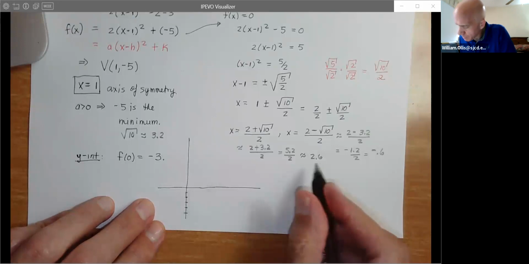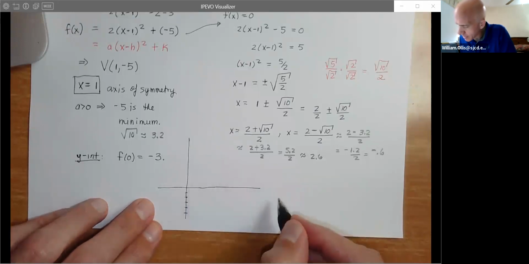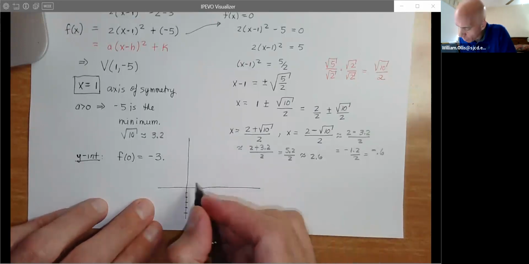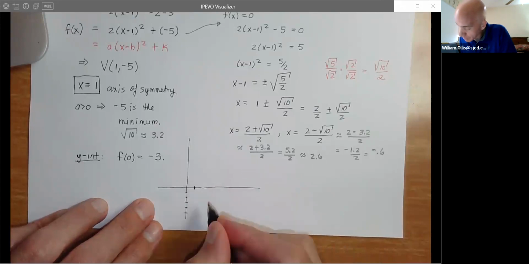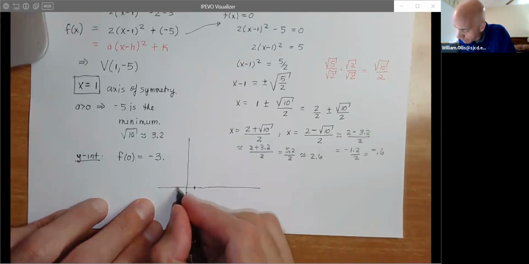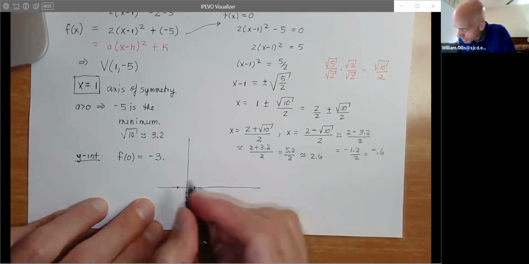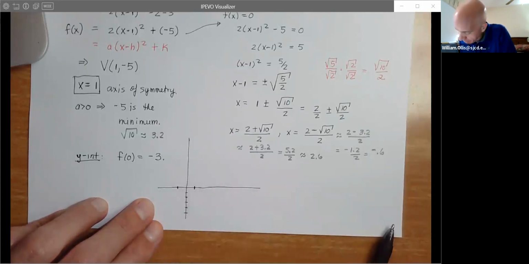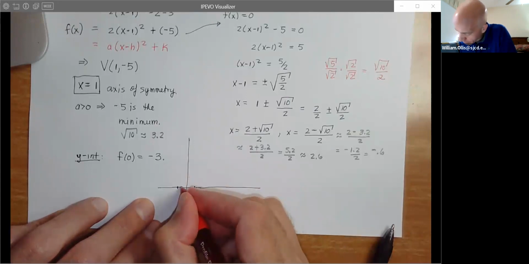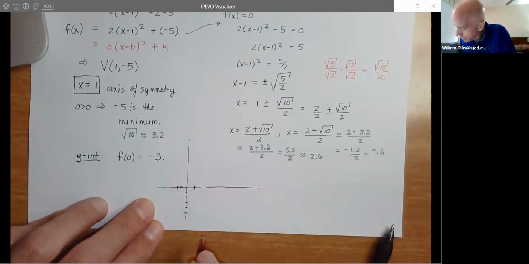And we'll spread the x-axis out just a little bit since we've got a 1. So we'll do like a 1 and a -1. And then like a negative 0.6, right here. And then 2.6.